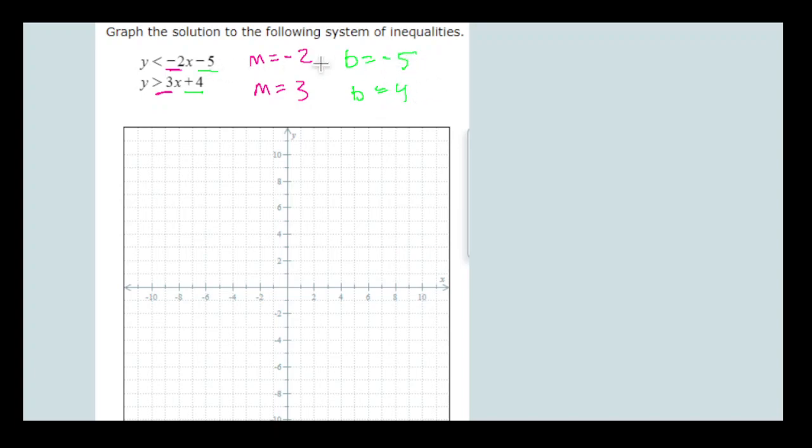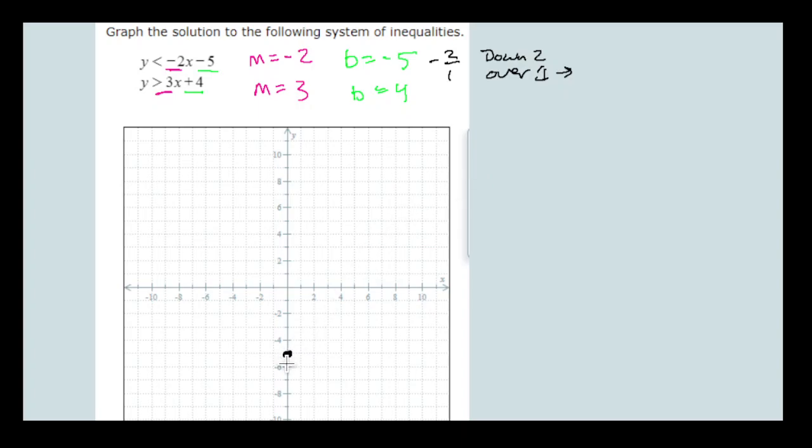So for this top equation, let's start with -5. You always start with your y-intercept, and then we'll apply our slope. So let's go with black here. We're going to go down here, put that point there, and that's my y-intercept, and then my slope is -2, which means that it's -2/1, or down 2 and then over 1 to the right.